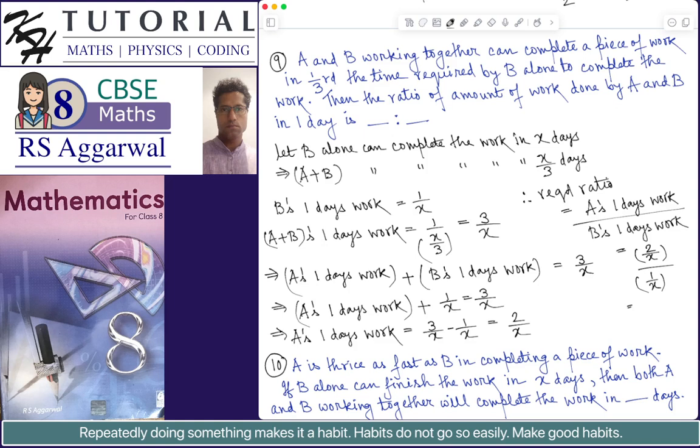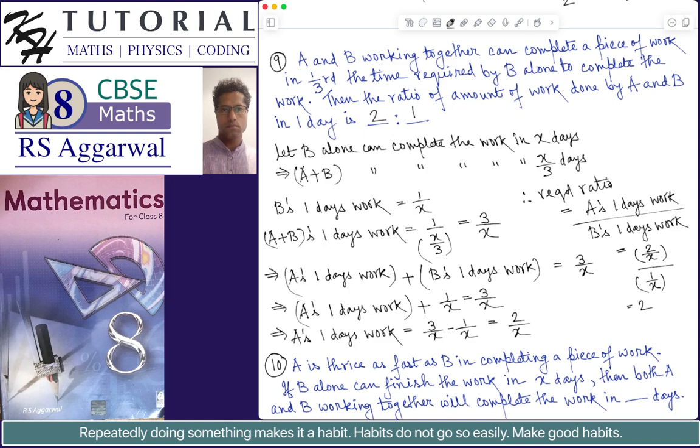This is equal to 2. So A's 1 day's work by B's 1 day's work is 2. So we can say the ratio is 2 is to 1.